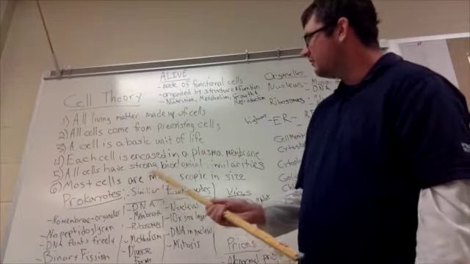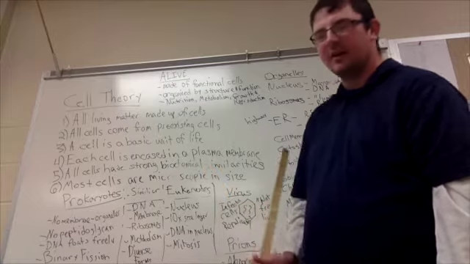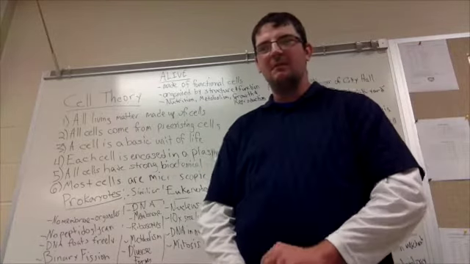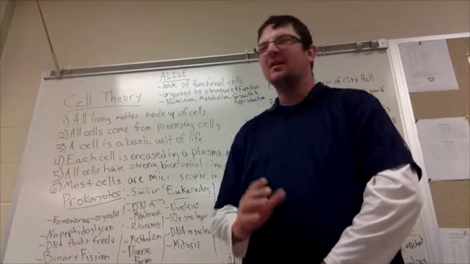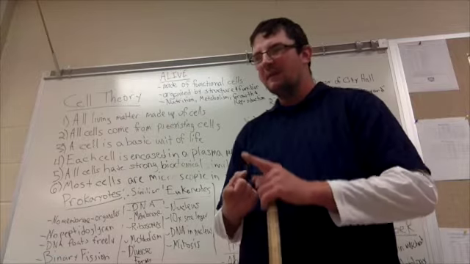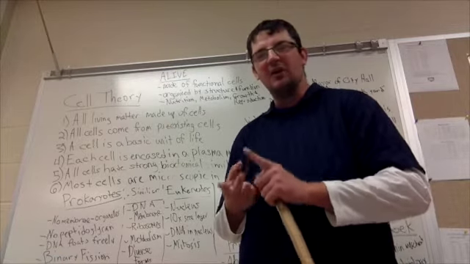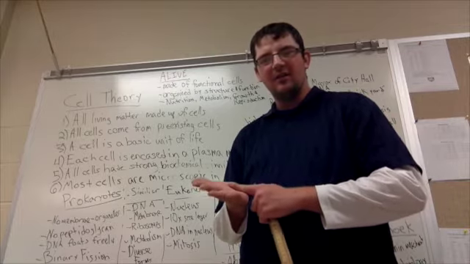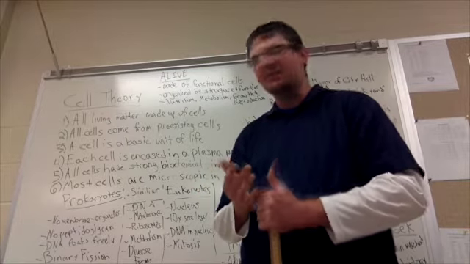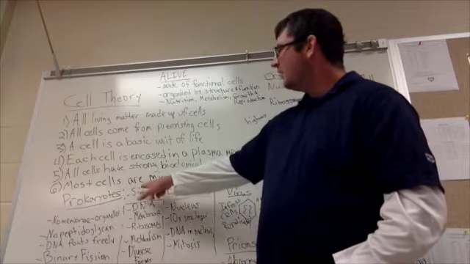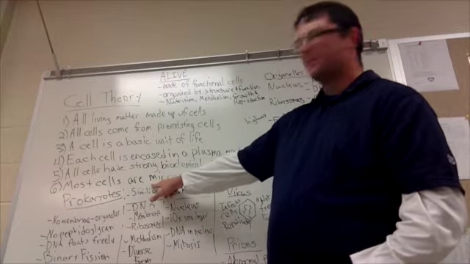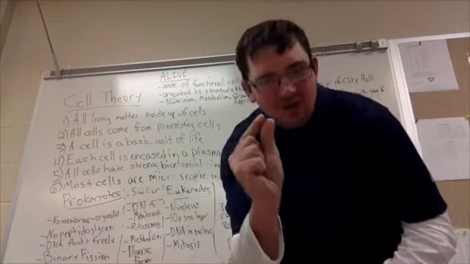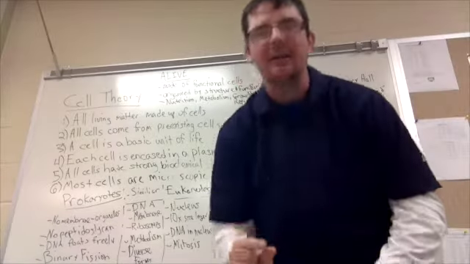All cells have strong biochemical similarities. That means they are made up of the basic chemical elements: carbon, nitrogen, phosphorus, sulfur, oxygen, and hydrogen. Now, most cells are microscopic in size, itsy witsy, teeny tiny.